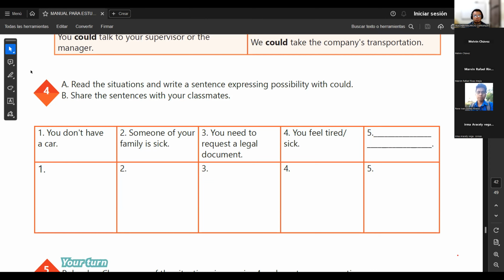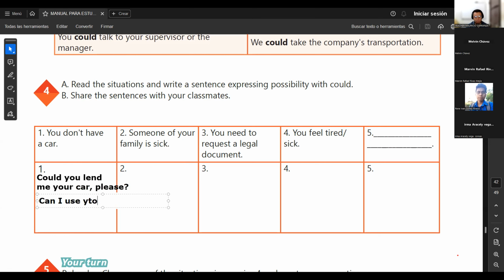Could you lend me your car, please? That would be a way, right? Good. What could be another way? If it is a close friend, you can use can.